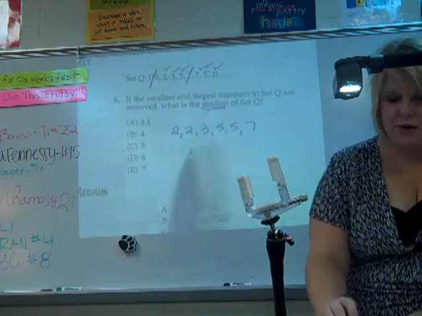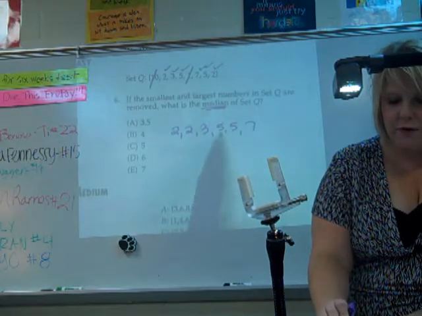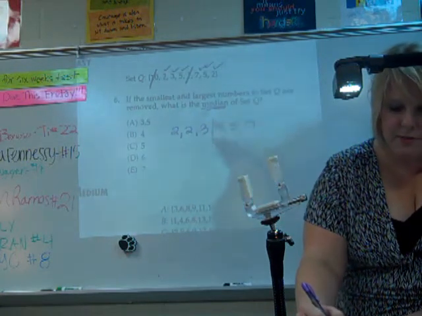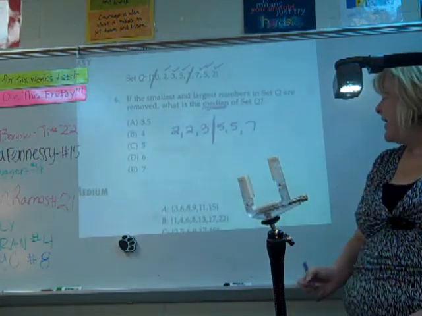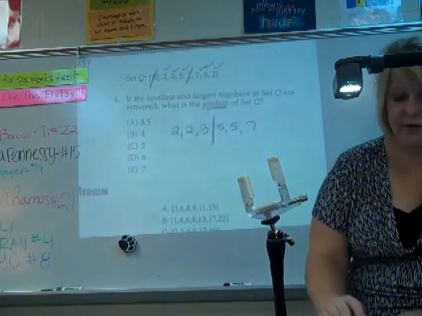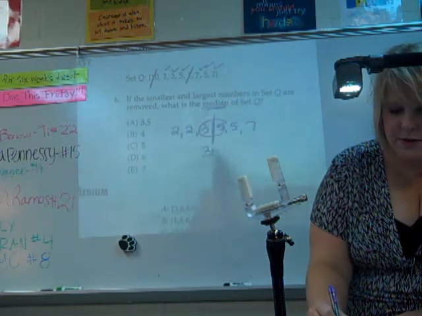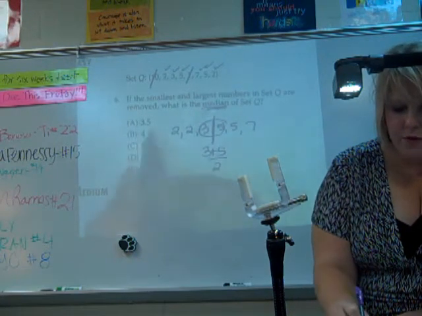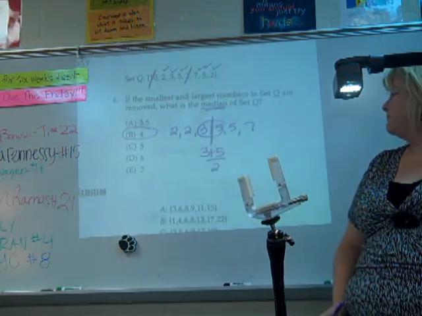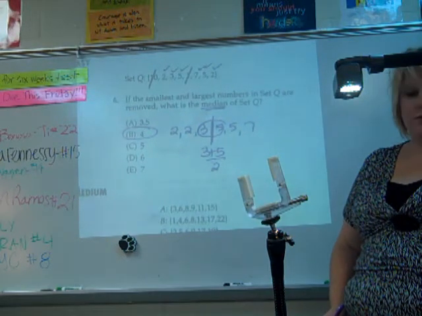And so that's 1, 2, 3, 4, 5, 6 numbers. So the middle is between the 3 and the 5. And so when you've got an even number of things, you've got to average the two middle numbers. So 4. 4 would be in the middle.